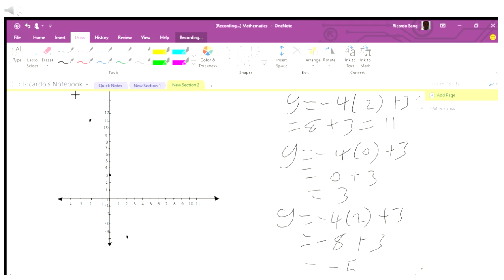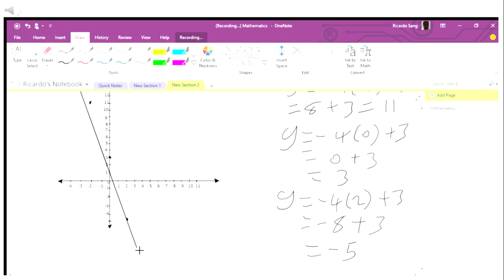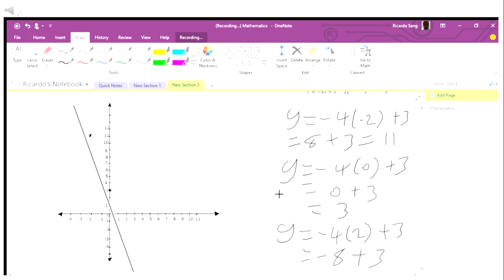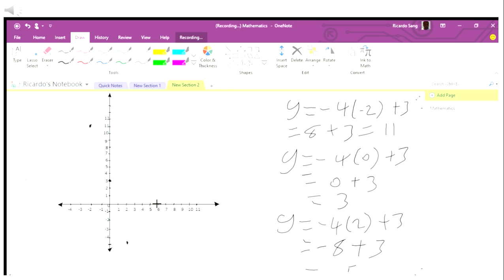And this is not a broken line, it should be a straight line. Should be about there.